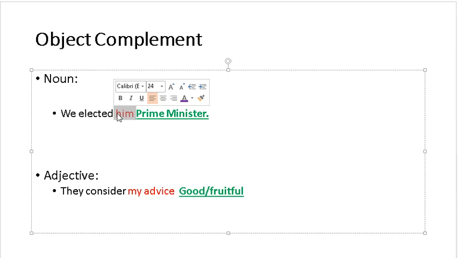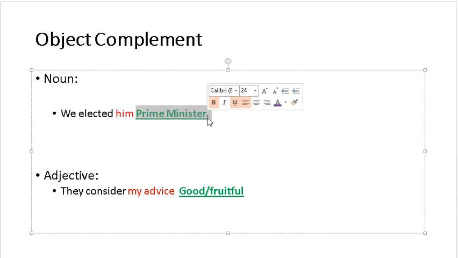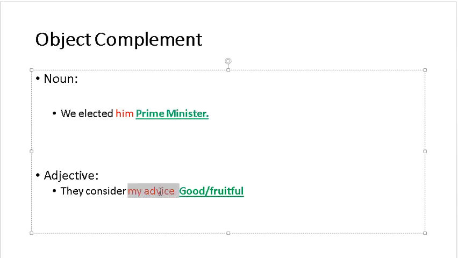But if we are saying we elected him prime minister, now this is complete, and prime minister we know very well is a noun. So here a noun has been used as an object complement. Whereas in they consider my advice, my advice is basically the direct object.